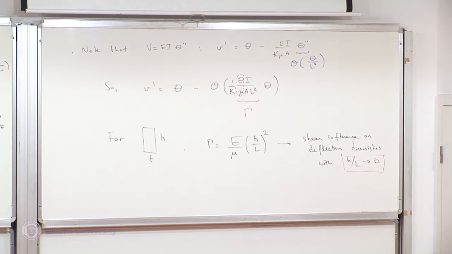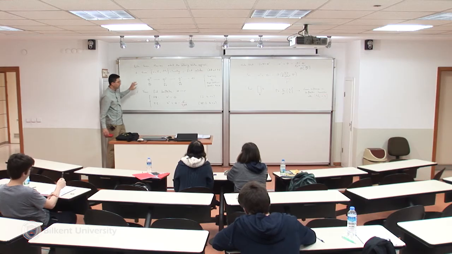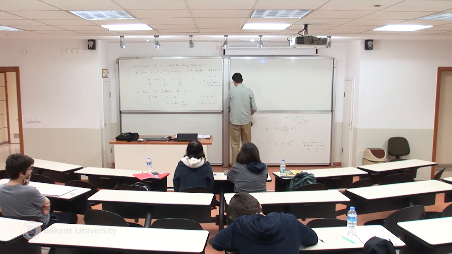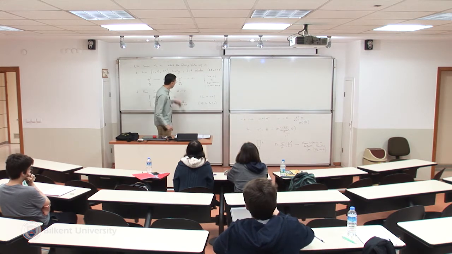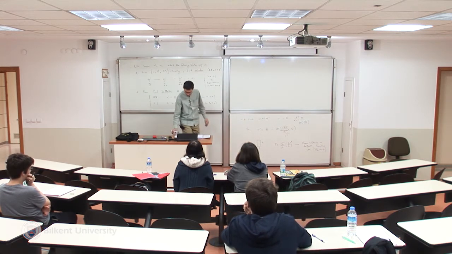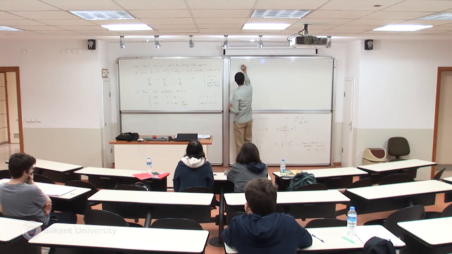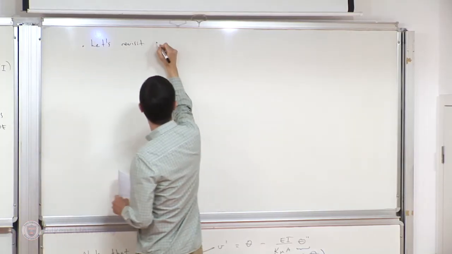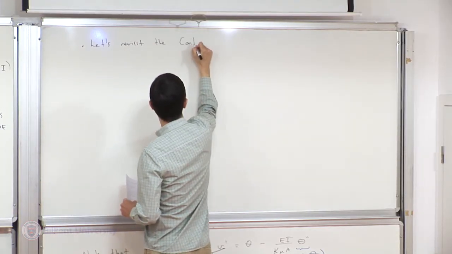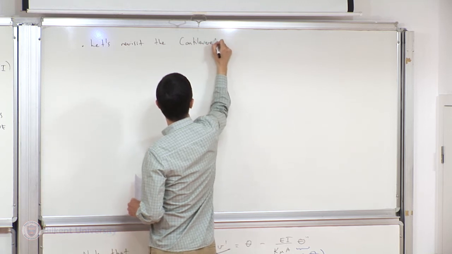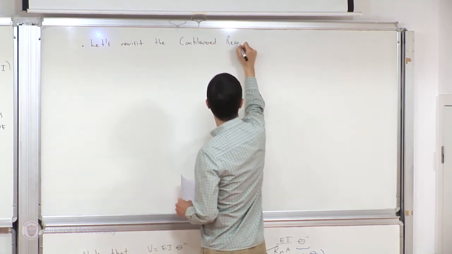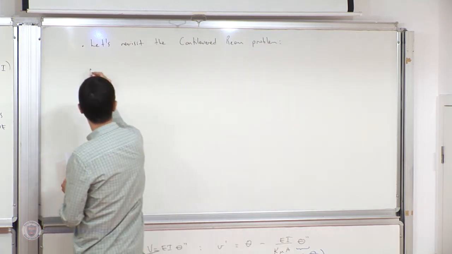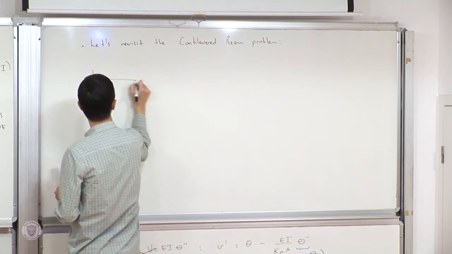Okay, so now I'll keep the solution diagram up here. And I'm going to solve now the cantilevered beam problem that we attacked analytically before. I'm going to solve it now under the approximation of beam theory. So, okay, let's revisit our problem. I'll just draw the problem very quickly once again.